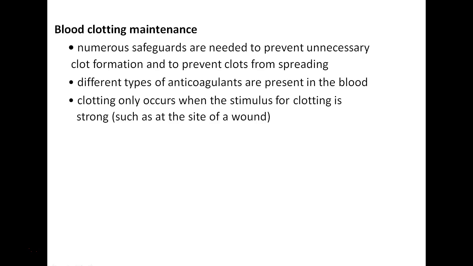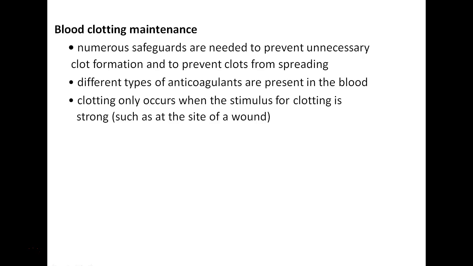Typically, blood clotting is a beneficial process in the human body, but sometimes there's a little bit too much clotting. So we have to be careful to prevent unnecessary clot formation, and we also need to prevent those clots from spreading. Obviously, if there's a clot that's spread elsewhere, it might plug up a blood vessel and prevent the flow of blood.